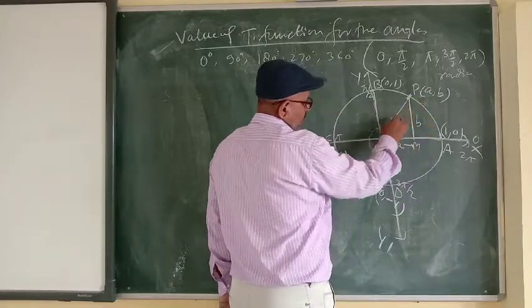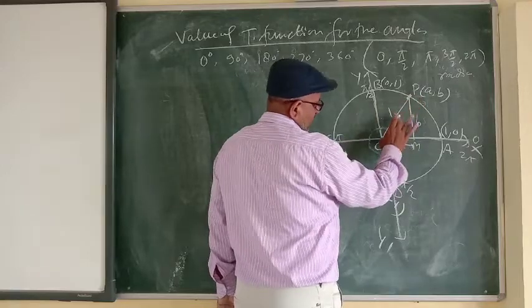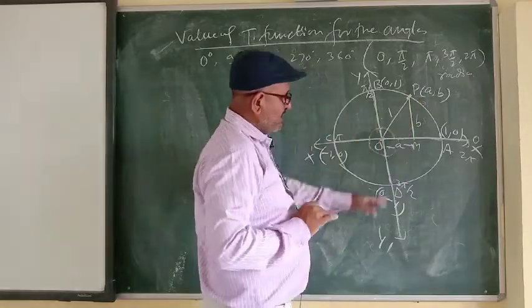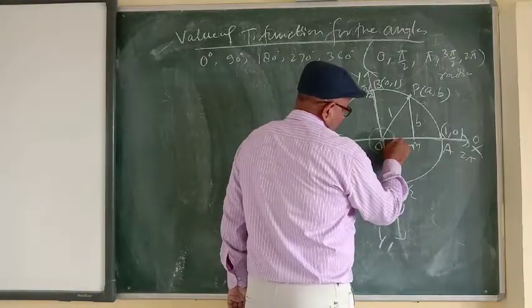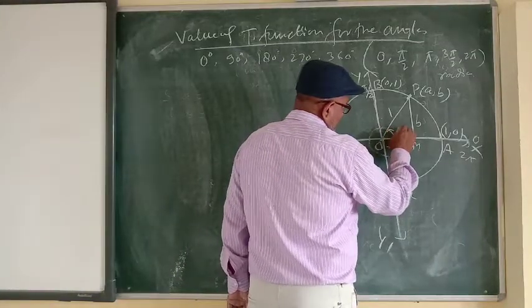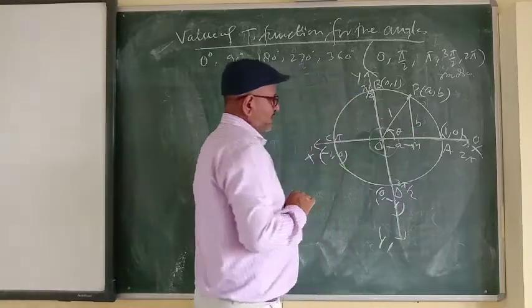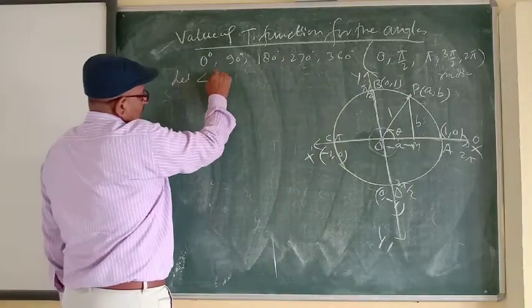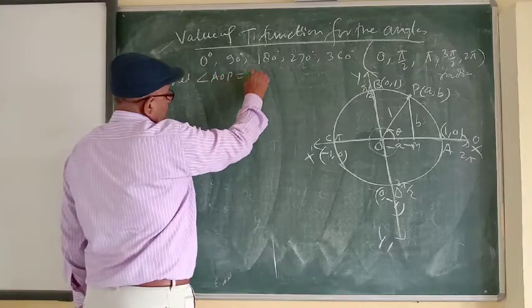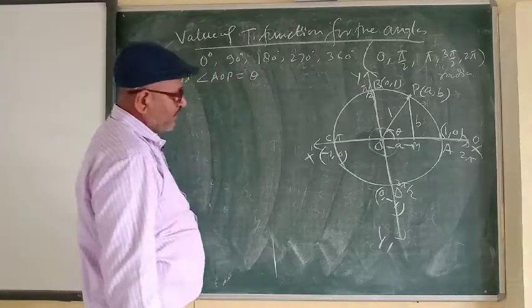Join O to P. OP is also 1 because OP is also a radius, and radius is 1 unit. Let this angle in the anti-clockwise direction be theta. So let angle AOP be theta.